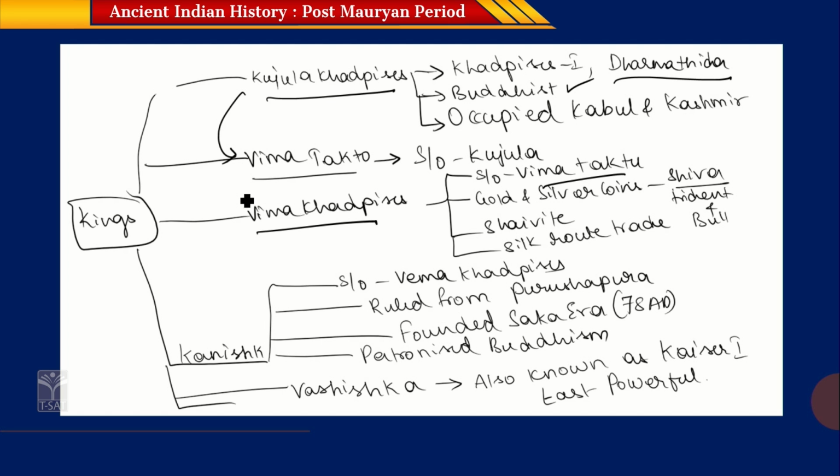In his period, Kushanas had control over Peshawar, and Peshawar falls exactly in the center of the Silk Route, the trading route from Beijing to Istanbul. He was a Shaivite, a follower of Shaivism, and he controlled the Silk Route, and that's why he was very, very rich.